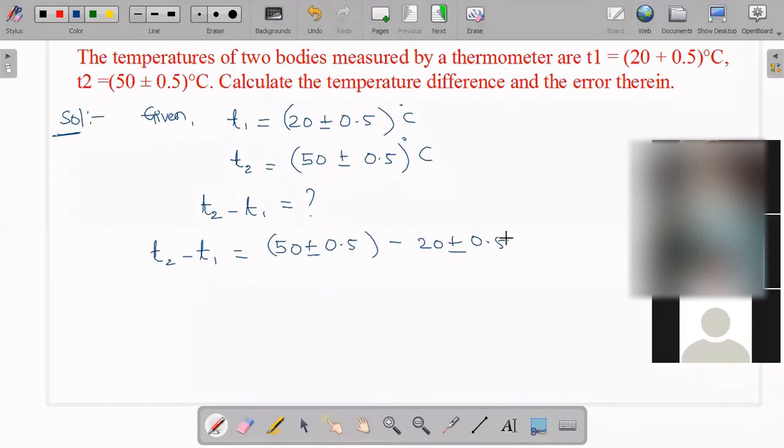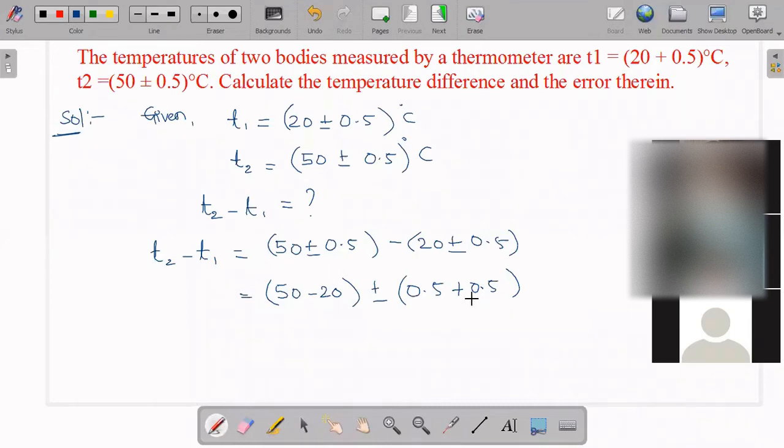Now, in this we can subtract the values directly: 50 minus 20. And in both the terms plus or minus is there, so plus or minus 0.5 plus 0.5 I will write down here. Here is a difficulty which you have to understand, whether we add or subtract: in the error part we will be adding them only.